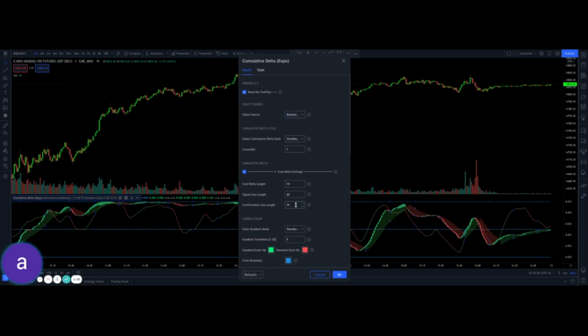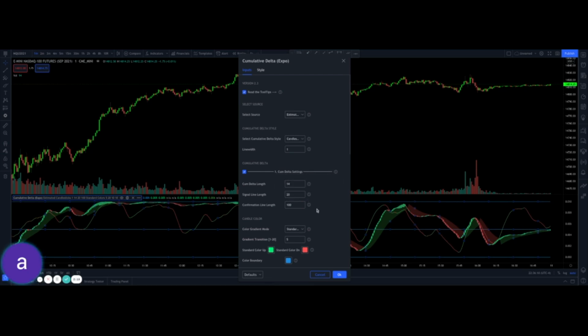And then the confirmation line, we're going to change that to 100. Another thing I love about his indicator is you can just highlight and read the tooltips, and it tells you what you're doing, what it's about. If you look at the confirmation line, basically it says a low value returns the short-term trend delta, and a high value returns the long-term trend.